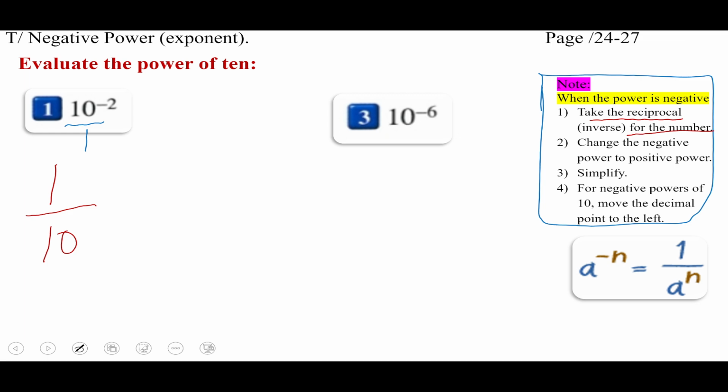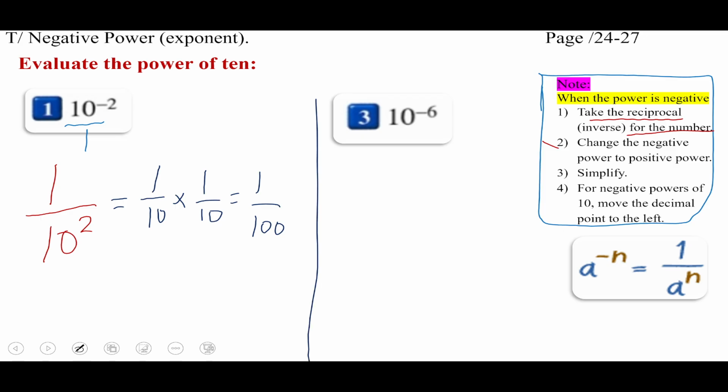Then change the negative power to positive. So negative 2 we change to positive. Now we know how to evaluate this one. So 1 out of 10 to the power of 2 means 1 out of 10 times 1 out of 10. So 1 times 1 is 1, 10 times 10 is 100.